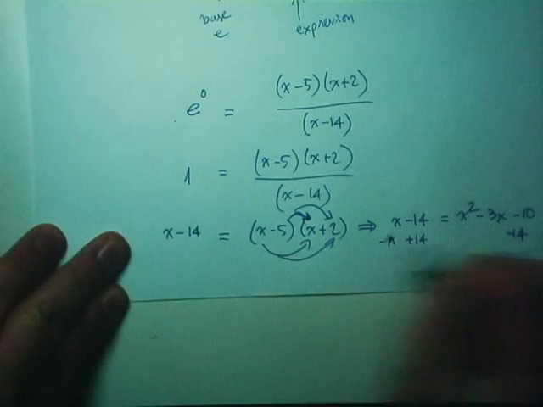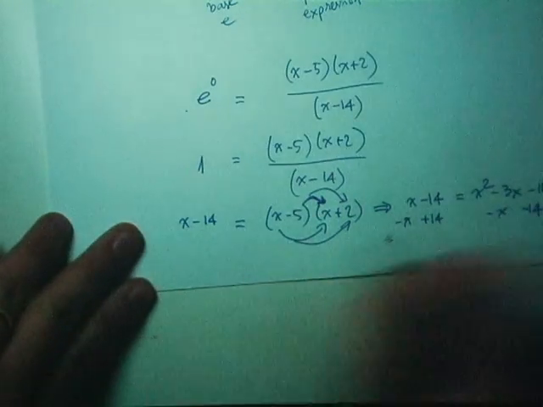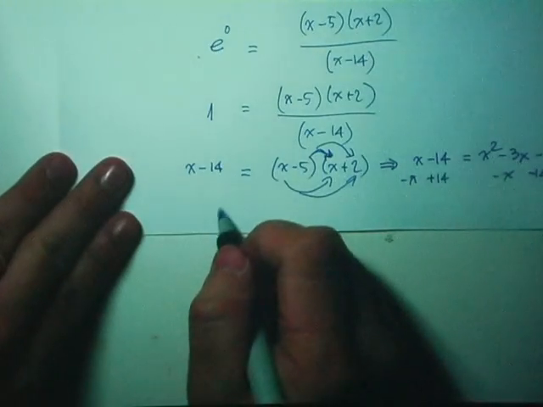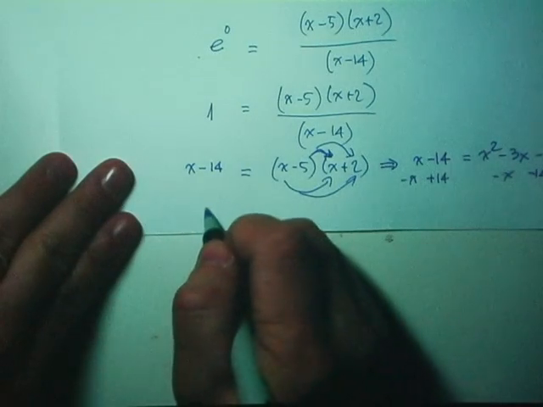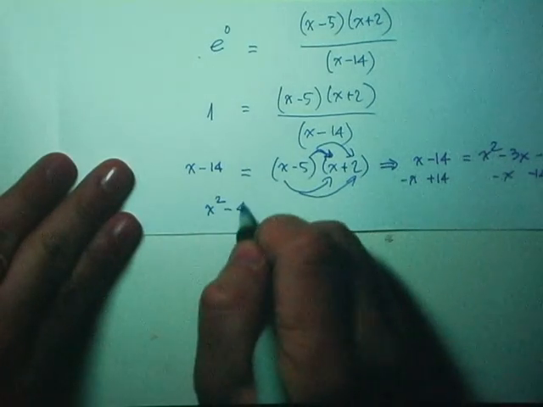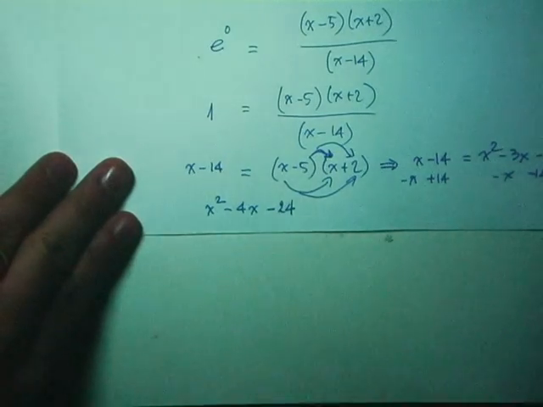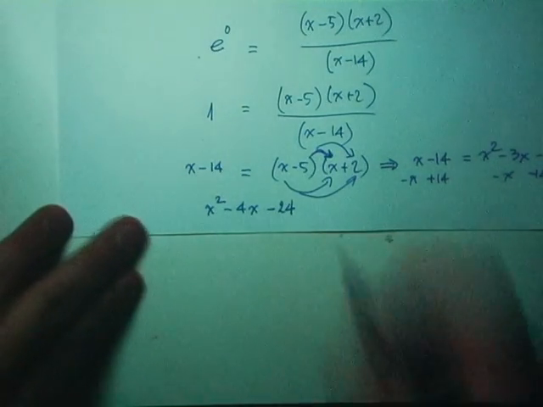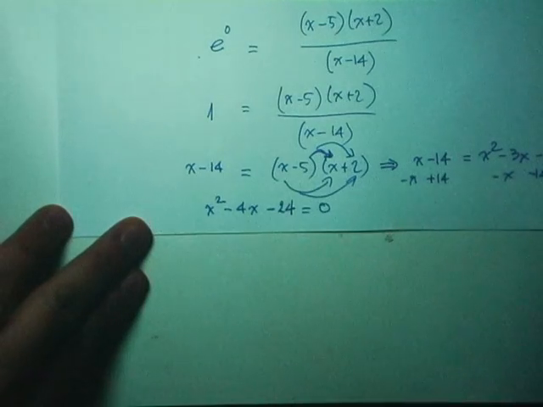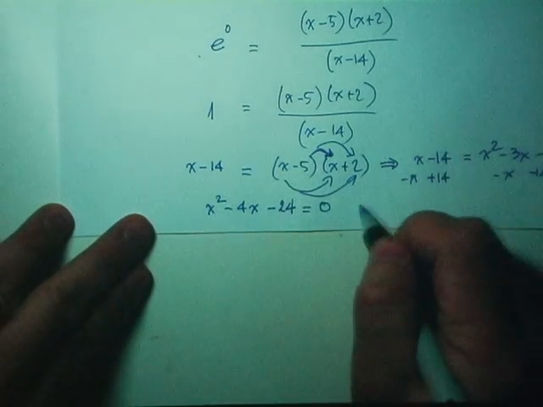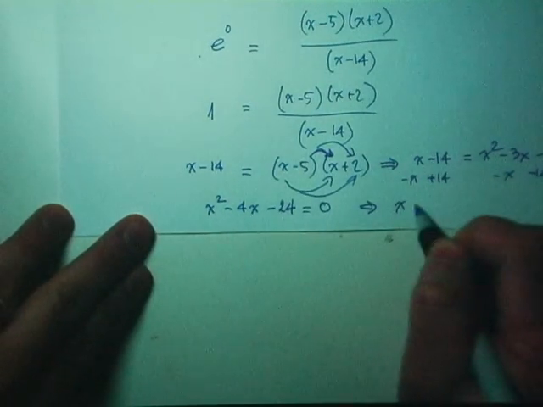Okay, and subtracting x from both sides, I'm going to end up with my new quadratic to be x squared minus 4x minus 24 equals 0. And so now with this problem right here, I'm going to find out that my two answers are going to be x.